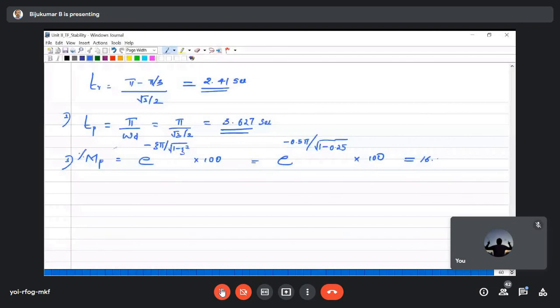Now we will find the settling time, TS. Since the band is not mentioned, you can calculate for both. First, you find it for 2%, then you calculate for 5%. For 2%, it is 4 divided by zeta omega n. So substitute the values of zeta and omega n and find TS.